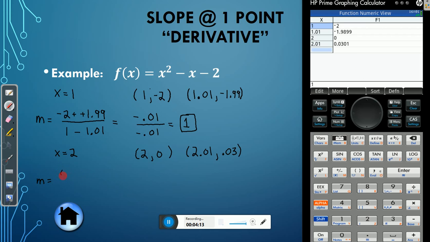Subtract the y's, and subtract the x's. Because my interval was the same, the bottom is the same. And the top is -0.03, which you can check on the calculator if you need to, but that is 3. So our slope is 3. So that's how you can find an estimate for the slope at 1 point.